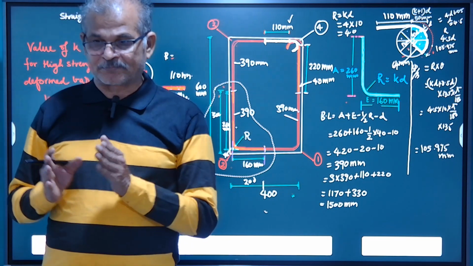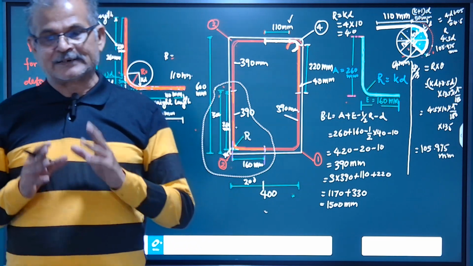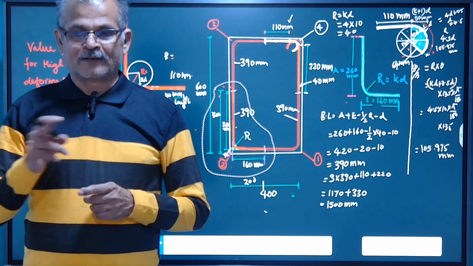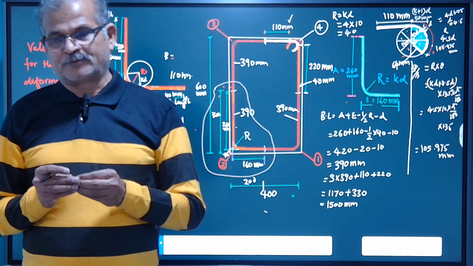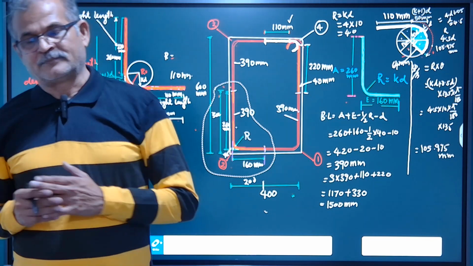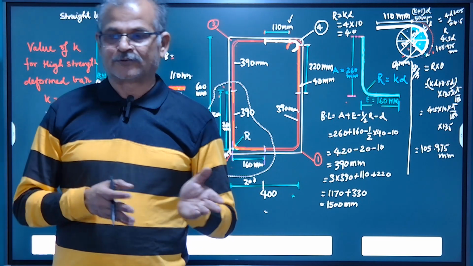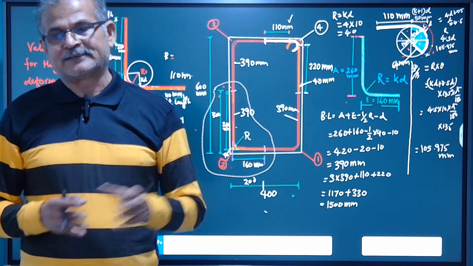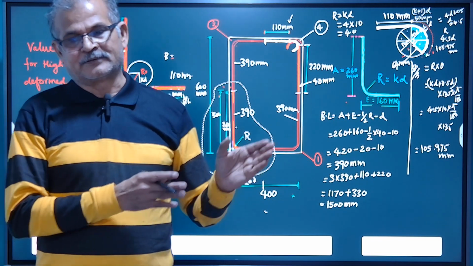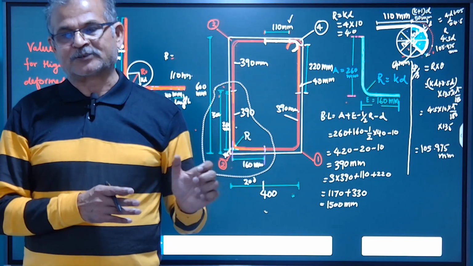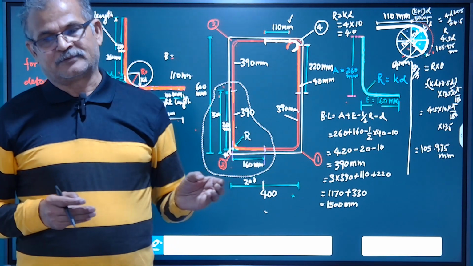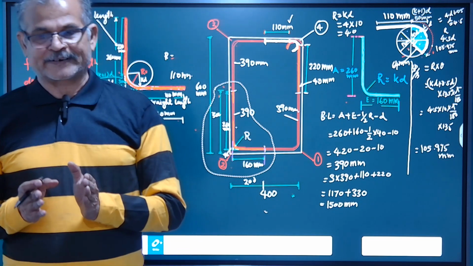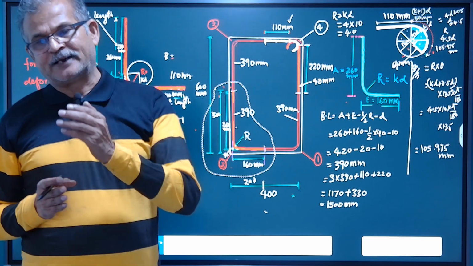This is very important. This may look like a very lengthy procedure, but it is the exact and correct procedure, and it doesn't take much time, because if we know the central line method, how to find the bend length, A plus C, minus R by 2 minus D. So we can find one bend, then multiply by 3, we get the 3 sides. Then K, we subtract (K plus 1) D. It depends upon the diameter of the bar how much will be the subtraction from the bend length, then we find the straight length.